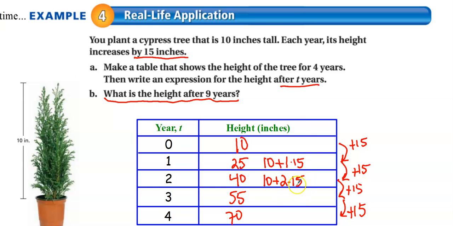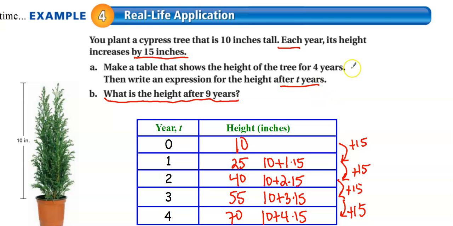Because 2 times 15 is 30 plus 10 is 40. Okay, so now you're seeing a pattern that I have going here. Okay, 10 plus 4 times 15. And so this is one of those where when you see the word each, it means to multiply. So here's my pattern. It's always 10 plus the number of years times 15.